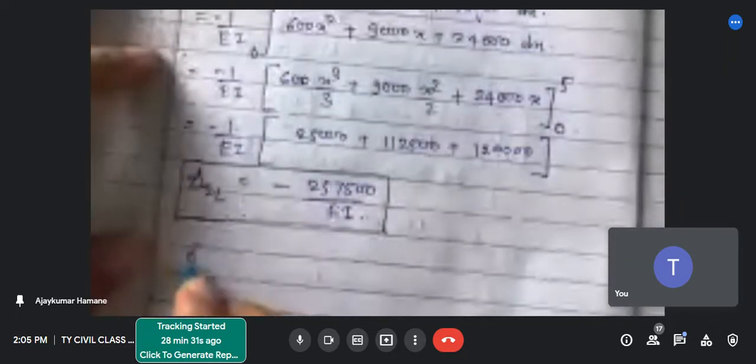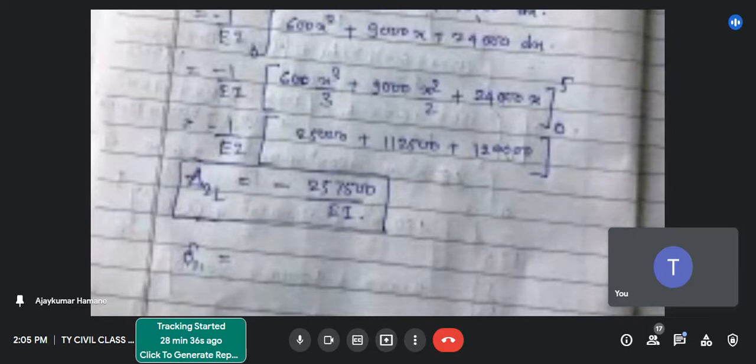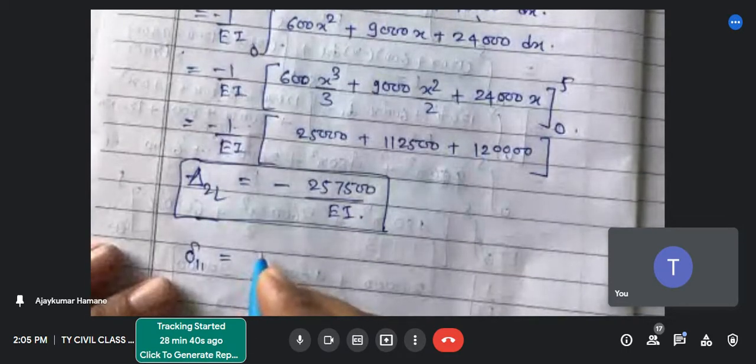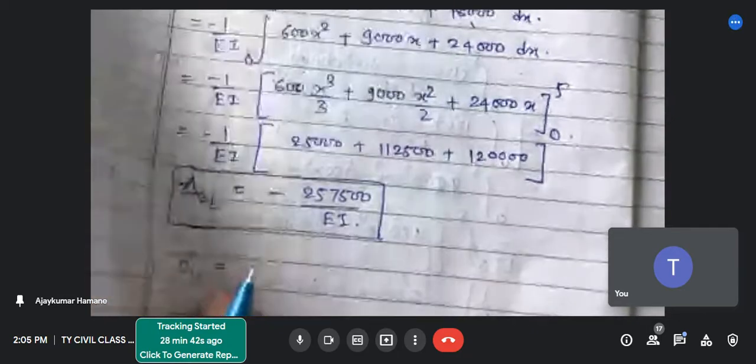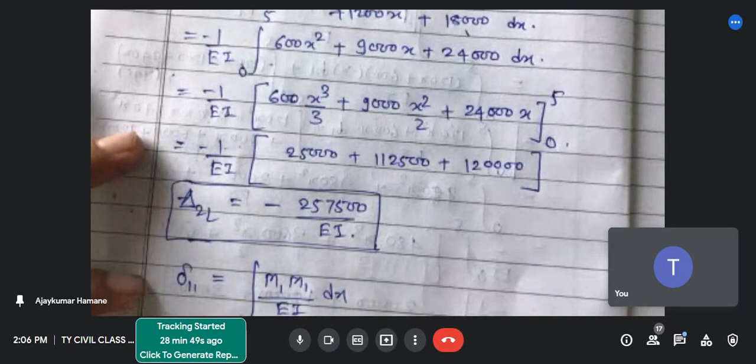Displacement delta 1 we have to find out. Delta 1 means the displacement at 1 due to the unit load applied at coordinate 1. So it is M1 multiplied by M1 divided by EI into dx.